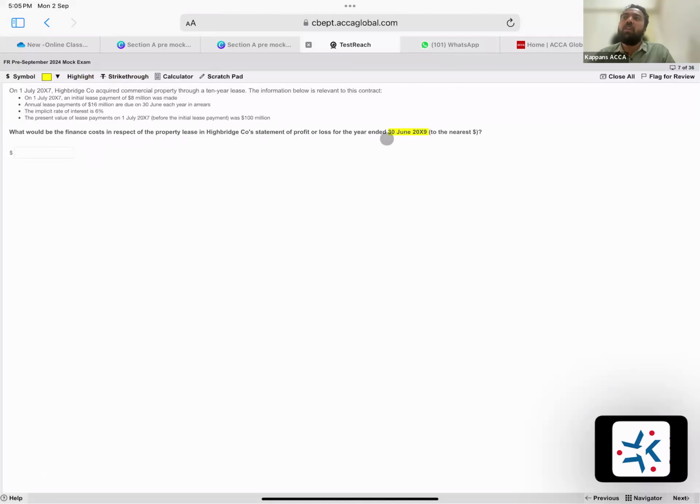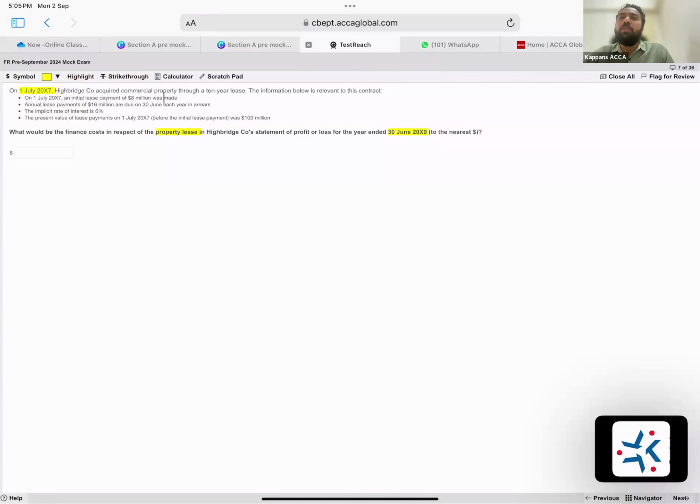Financial year ending on 30 June X9, and they're asking finance cost with respect to lease. And if you read the question, you can see that it started in July X7. That means we have to calculate figures for 2 years. July X7 to 30 June X9, 2-year figures.